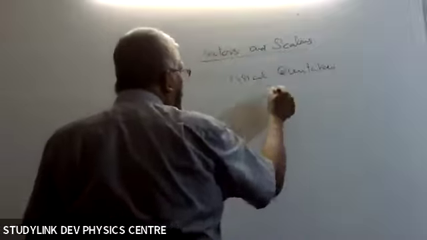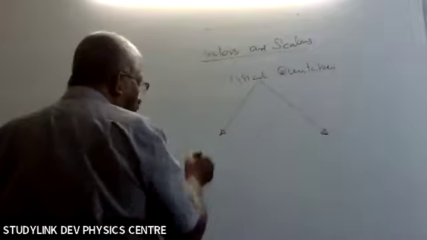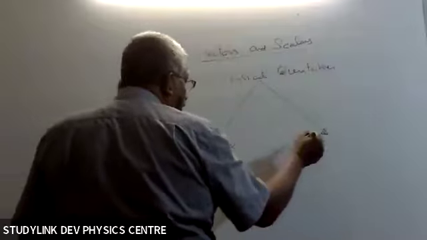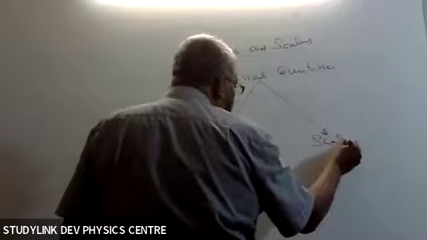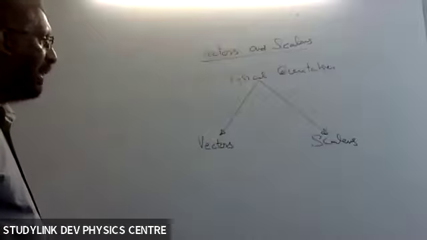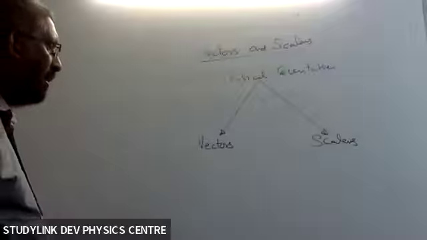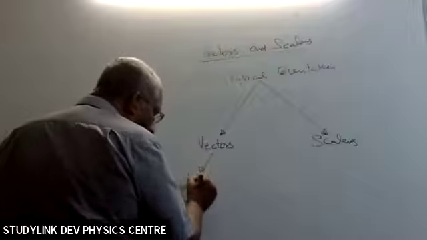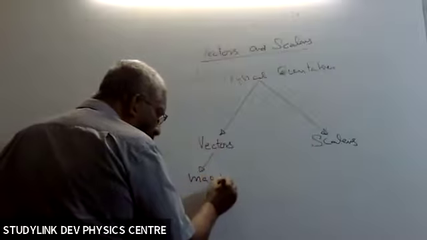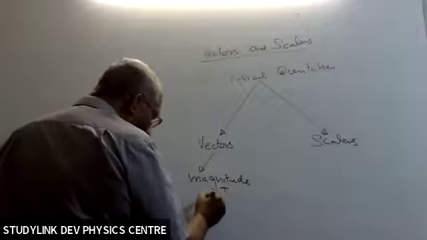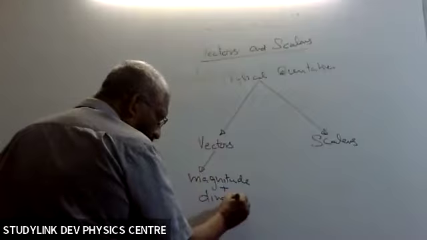We can split them into two. One is vectors, second one is scalars. Vectors have magnitude plus direction.